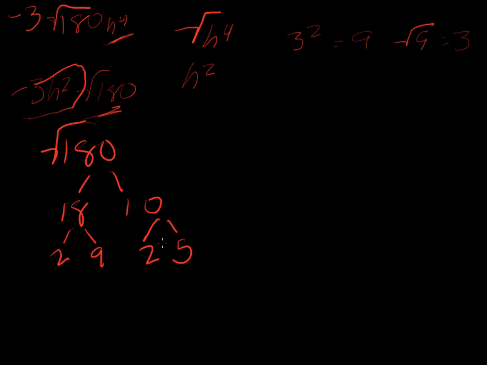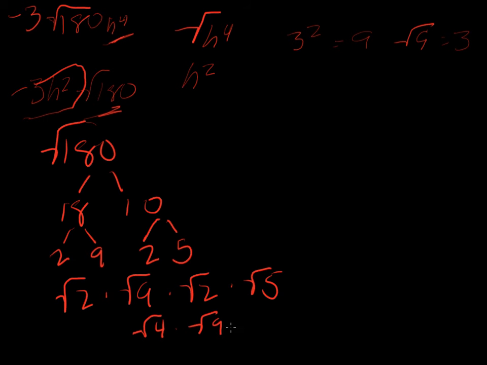So we have square root of 2 times square root of 9 times square root of 2 times square root of 5. With the 2's being the same, we're going to combine those, so we have square root of 4 times square root of 9 times square root of 5.